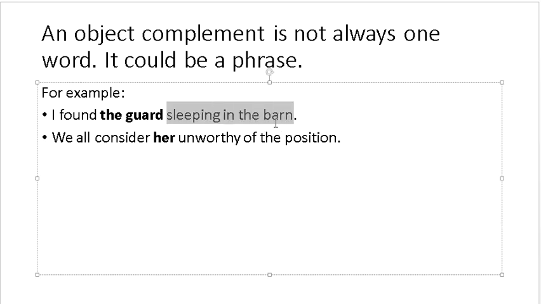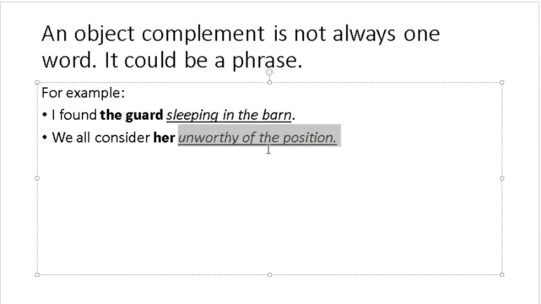Now sleeping in the barn is a gerundive phrase, and a gerundive phrase is a noun phrase. So this gerundive phrase, or noun phrase, is an object complement. We all consider her unworthy of the position. Now unworthy of the position is an adjective phrase. So this one is qualifying her, which is the direct object, so this is at the moment an object complement.